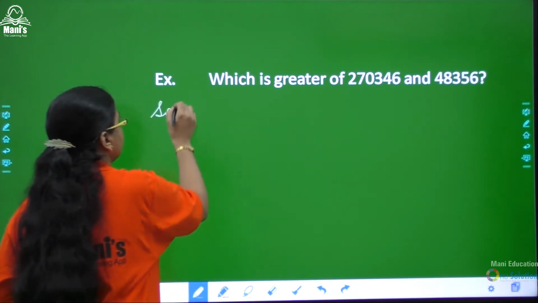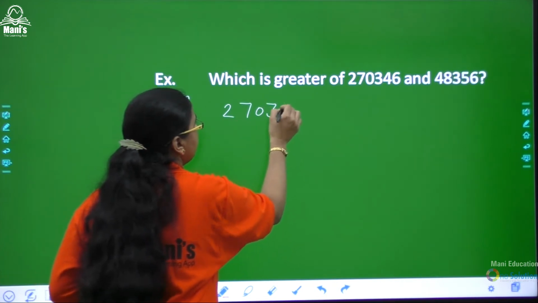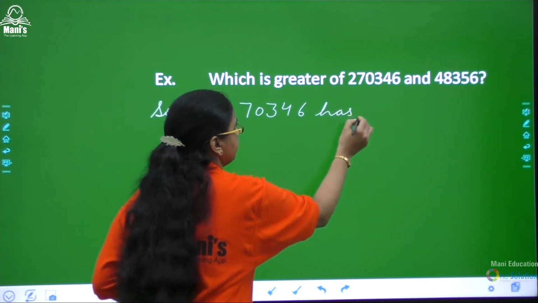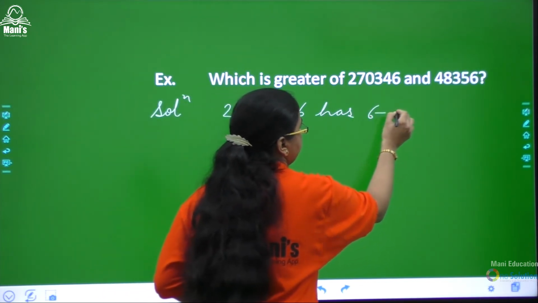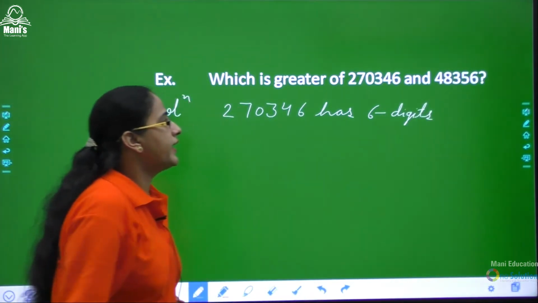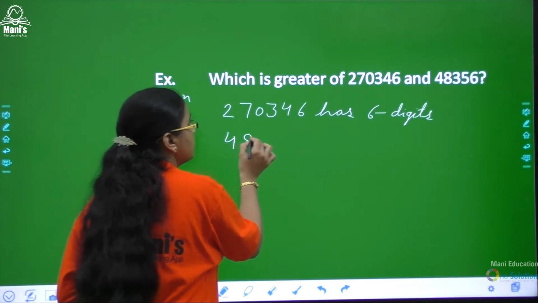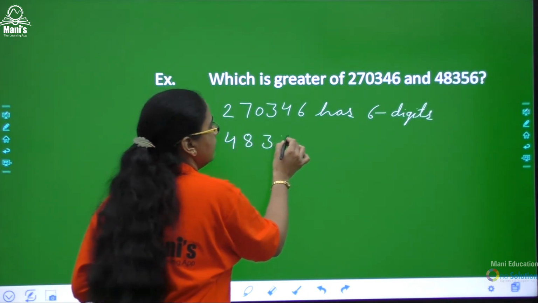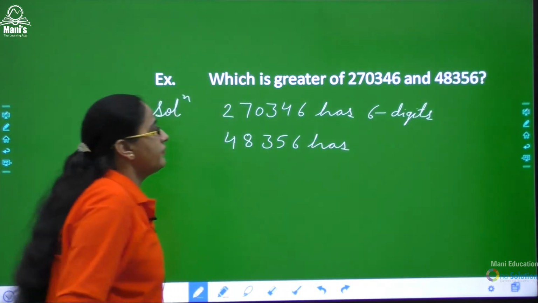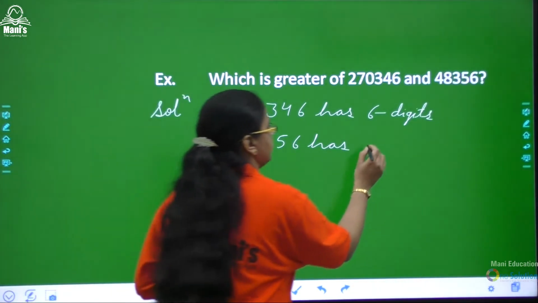Solution is, how many digits are contained in 270346? It has 6 digits. If I am talking about the next number, that is 4, 8, 3, 5, 6, how many digits does it have? It contains 5 digits.